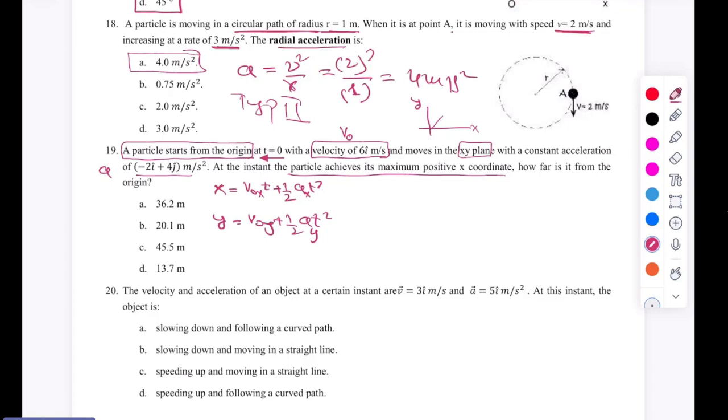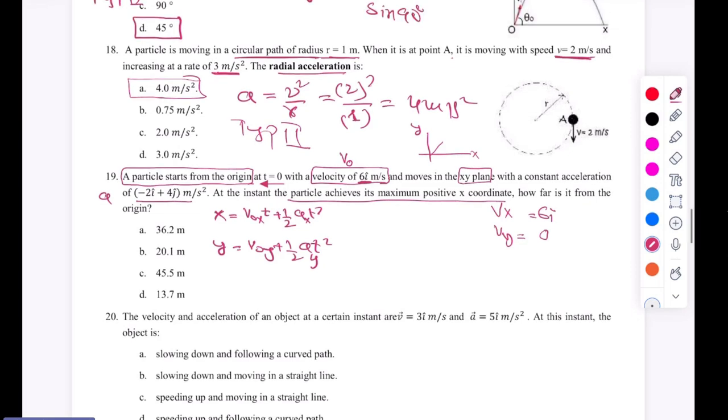If you see the initial velocity, it has only the i component, which means it has only the x component. So what is v naught y in that case? It is 0.